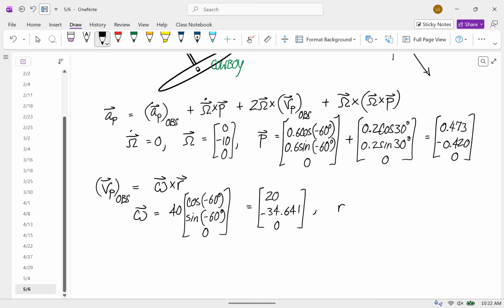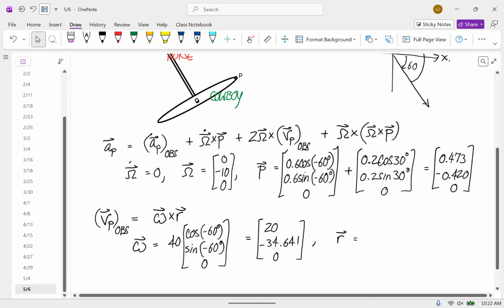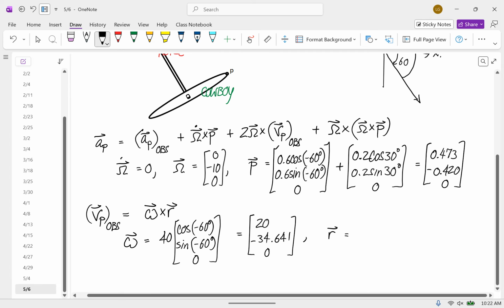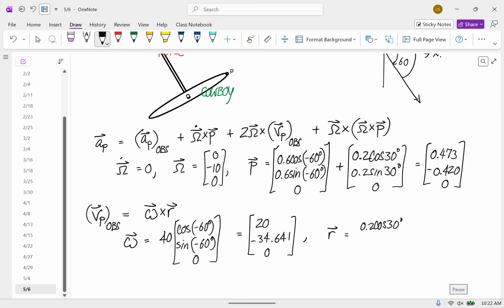And now what about the R vector? Well, what's the definition of the R vector? The center of the circular motion to where the work. Yep, exactly. So this is just going to be 0.2 times the cosine of 30 degrees, 0.2 times the sine of 30 degrees, 0.